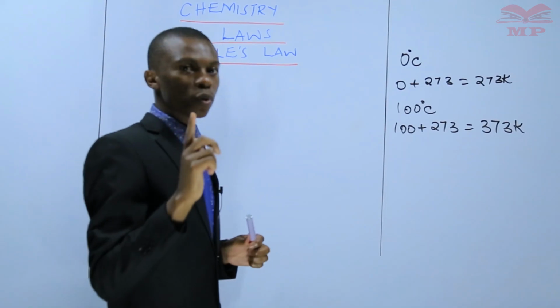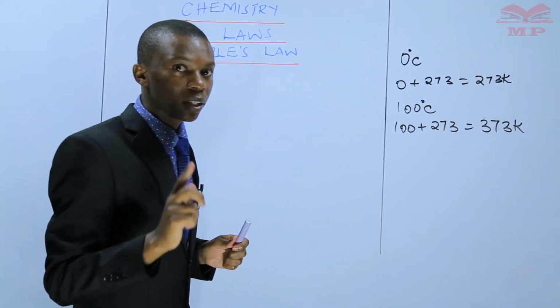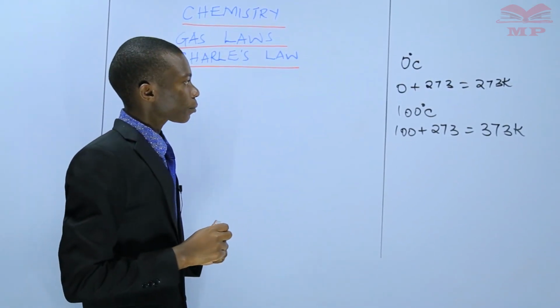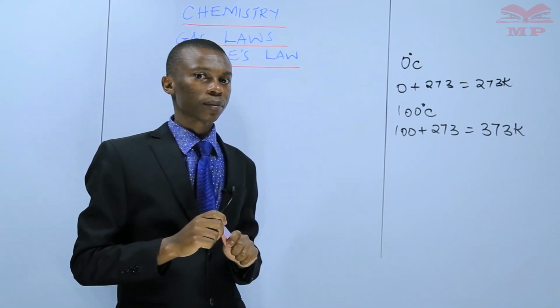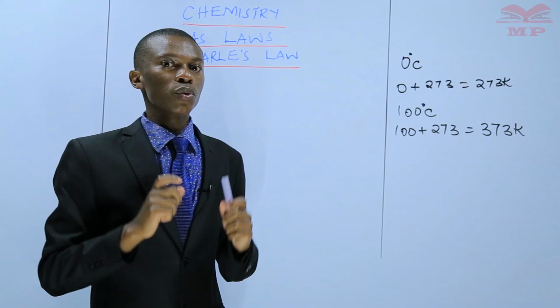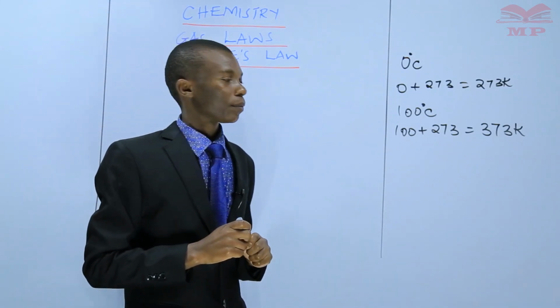Therefore, anytime you want to convert temperature from degrees Celsius to Kelvin, you just add 273. And if you want to convert temperature from Kelvin to degrees Celsius, you subtract 273.